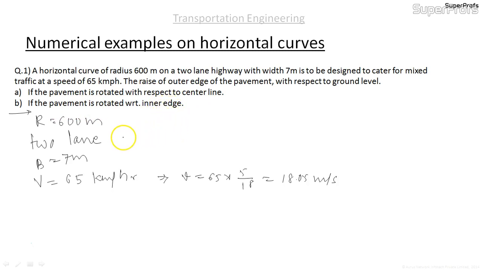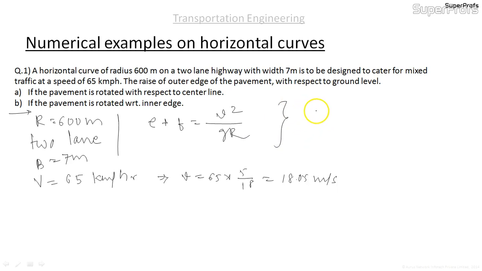Here we have to consider the mixed traffic condition. So our standard formula is E plus F equals V square upon GR, and as per the given conditions we want to find out the value of E.